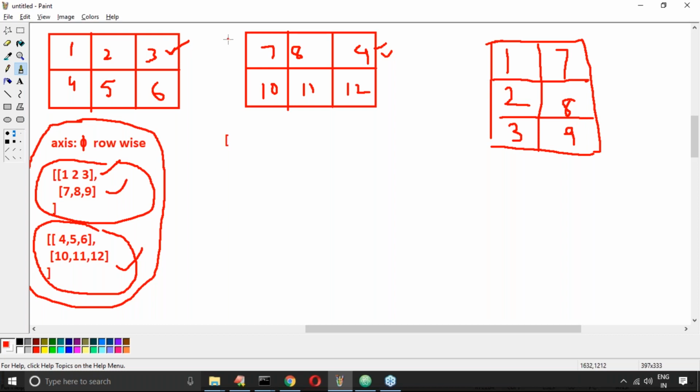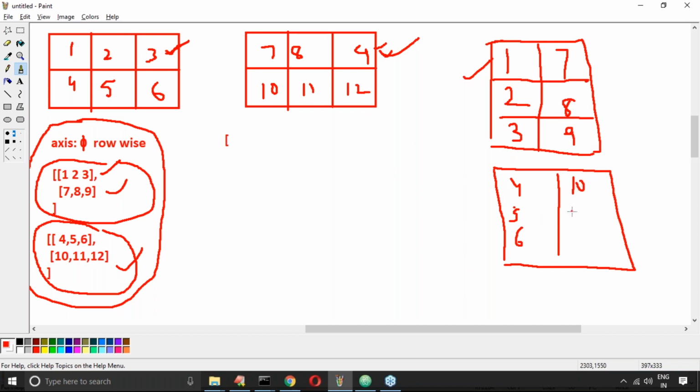Similarly, 4, 5, 6 will become the first column in the second 2D array, and 10, 11, 12 will become the second column in the next 2D array. Is it the same?